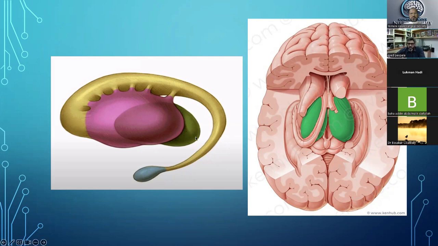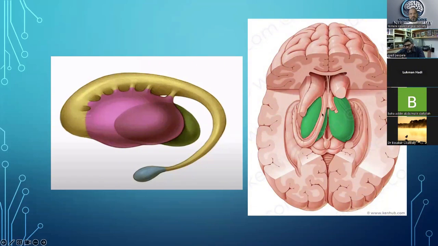If you look at this picture, the thing in the yellow color is the caudate nucleus. This is the head of the caudate nucleus, and the tail is capped in the temporal lobe with the amygdala here. And the structure which is purple in color, this is the putamen, and the dark purple color is the globus pallidus, and the green colored structure is the thalamus.